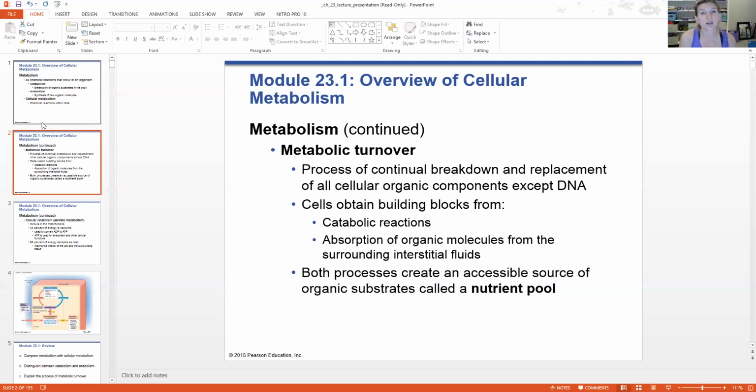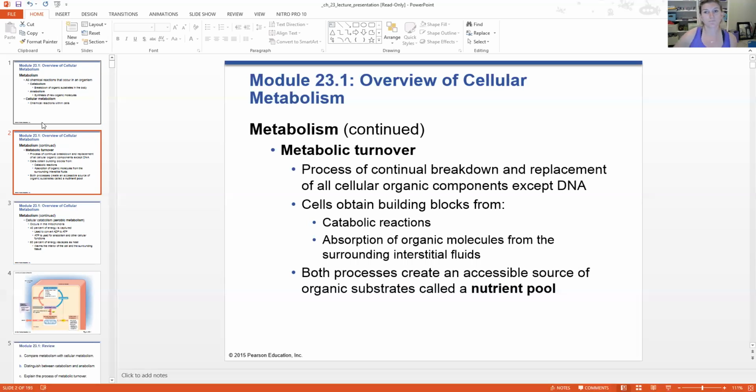Cells basically get all of these little building blocks to create proteins and lipids and energy molecules. They get those ingredients from the catabolic reactions that occur. They are coming from the organic materials that we're bringing into our body, such as the nutrients from our food as well as the oxygen from our respiratory tract.